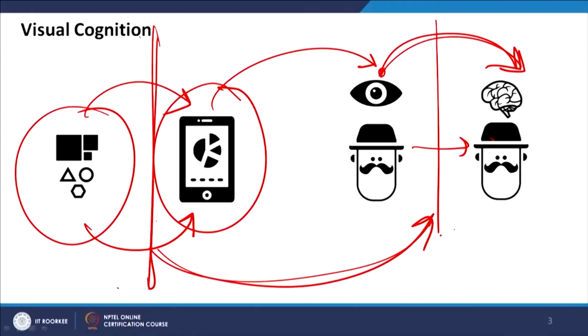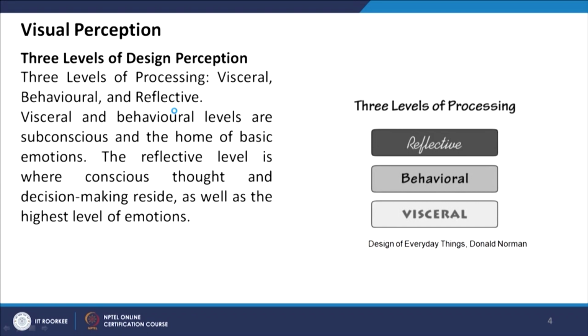So designers here have to foresee what type of cognition should happen. That's why the principles of visual cognition are very important for designers to understand.